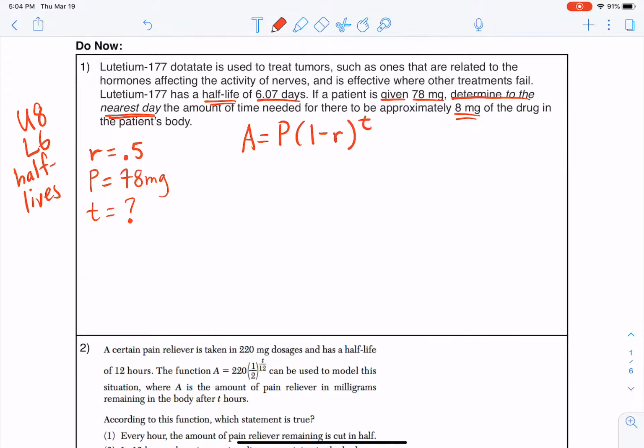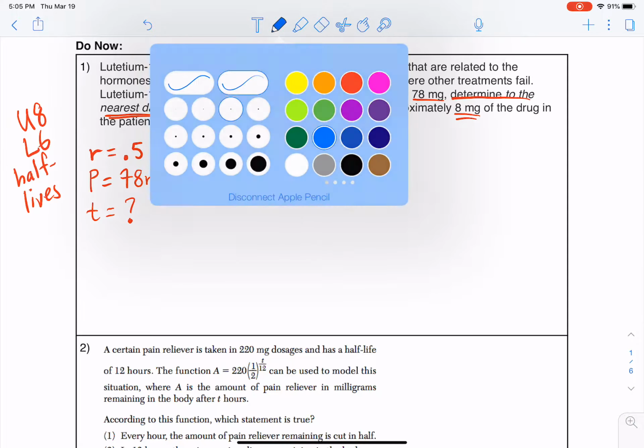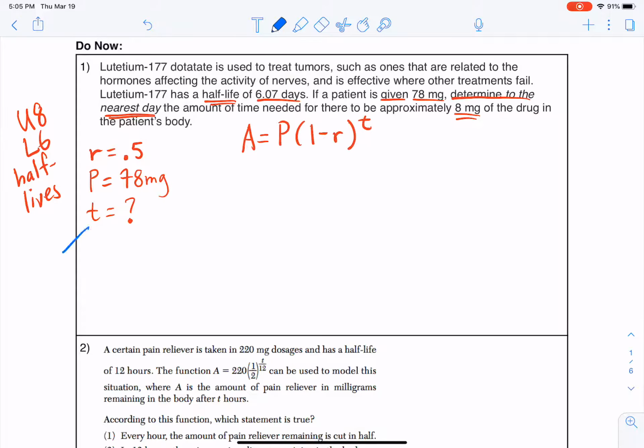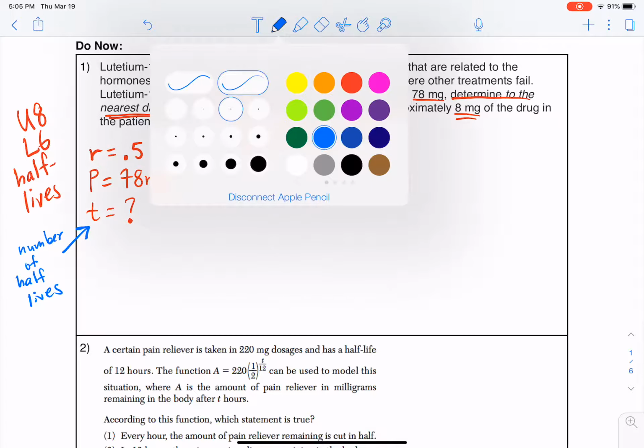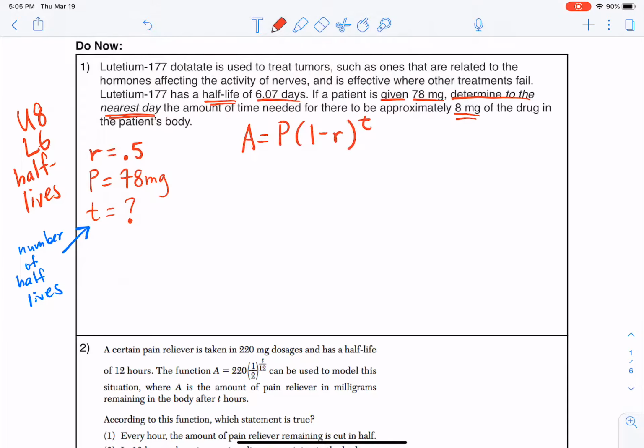And one thing we really need to be careful of with half-life problems is that when we set up our equation, T really represents the number of half-lives. And we'll need to come back to that later in the problem. So we're interested in what is the time it took for the patient to end up with 8 milligrams. So our A value here is 8.